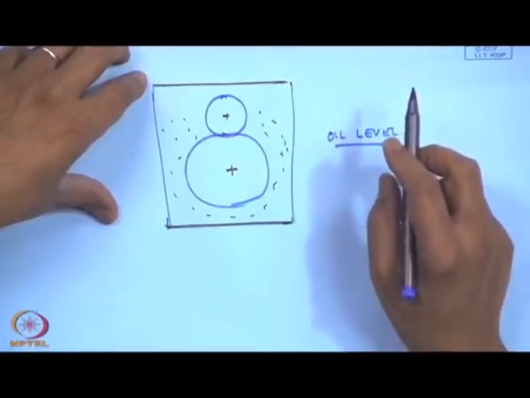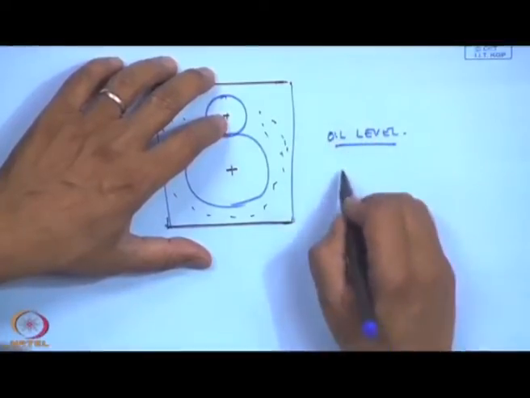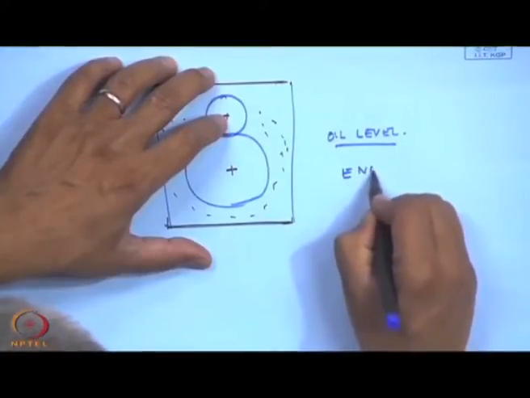Of course, in automobiles, we have that transmission oil. I'll just tell you a story. See, in an automobile, there are a few types of fluids which are used. One, particularly for the engine lubrication, we call it the engine oil.